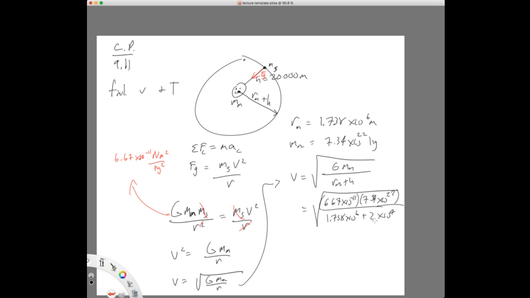So I'm just rewriting the 20,000 in scientific notation here. So the orbital velocity that I'm getting is 1,669 meters per second.